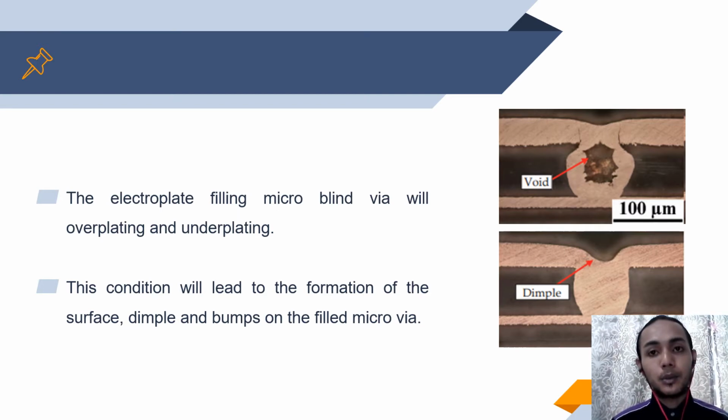Due to tight tolerance factor, the bump makes it difficult to add a new layer to the overfilled microvia. In the meantime, the seam and the dimple that result in the gap between the layers of the FPC will affect the quality of the FPC.